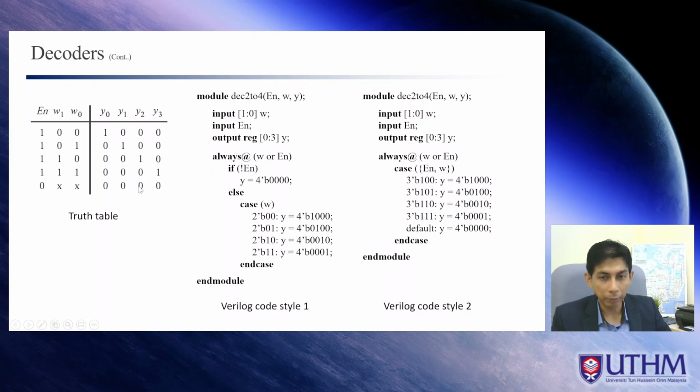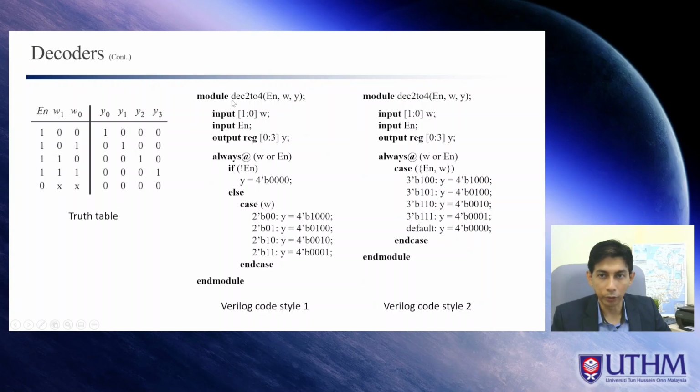If you want to describe using structural modeling, of course you need to draw the circuit. But here, because we have the truth table already, we can straight away describe the circuit using behavioral modeling. So this is the example.